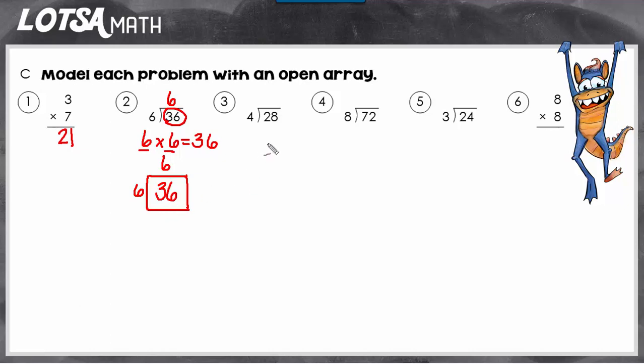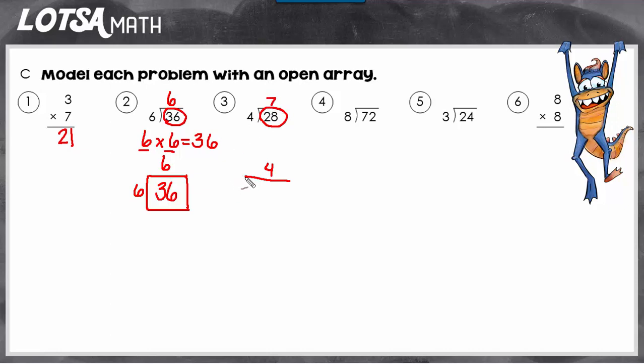So let's look at number 3. This time we have 28 divided by 4. Since it's a division problem, we know that the dividend is going to be the greatest amount. So we know one length of our array is going to be 4. The other length we can figure out by doing the division. 28 divided by 4 is 7.